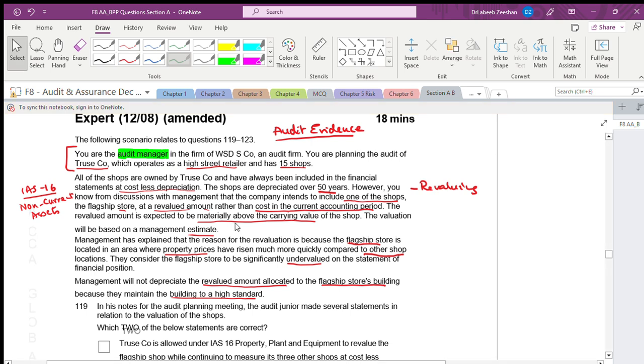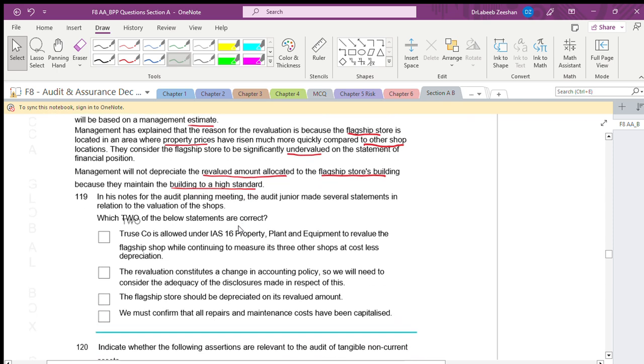Now, what are the questions? In his notes for the audit planning meeting, one of the audit juniors made several statements in relation to the valuation of the stocks. Which two of the below statements are correct?